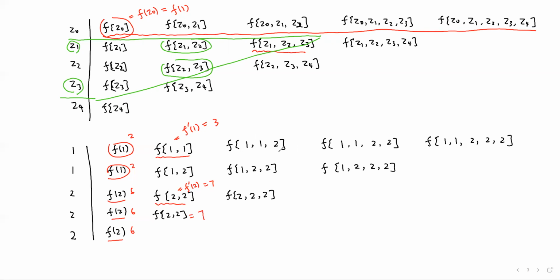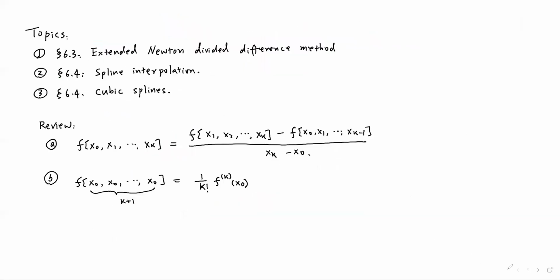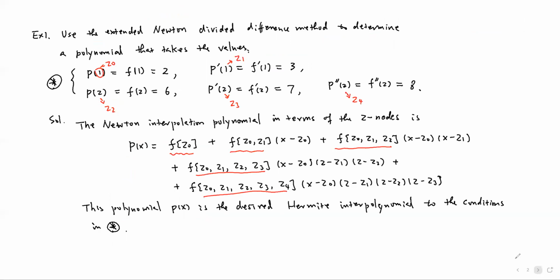And this entry can be computed from this entry and this entry, so I temporarily don't compute it. How about this? There are 3 arguments. By this formula, k is 2, so 1 over 2 factorial times the second derivative at x0. x0 is 2.